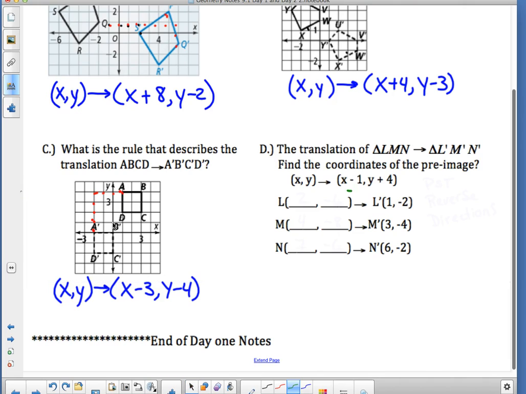So instead of subtracting 1 to the X, I'm going to add 1 to the X. Instead of adding 4 to the Y, I'm going to subtract 4 to that Y. So my very first one becomes that. And how do I check? I just do the forward version of it. Okay? So go ahead and fill out the others.